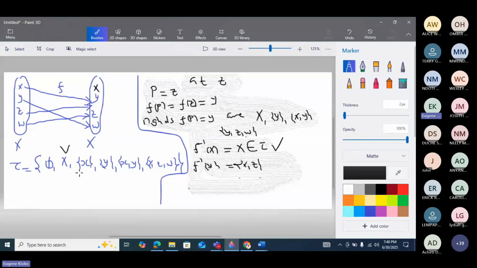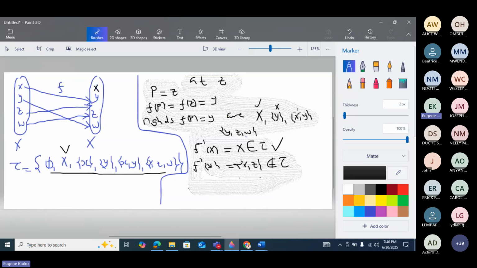Can you see X and Z here? No, it is not there. So the first one has worked, the second one has failed.